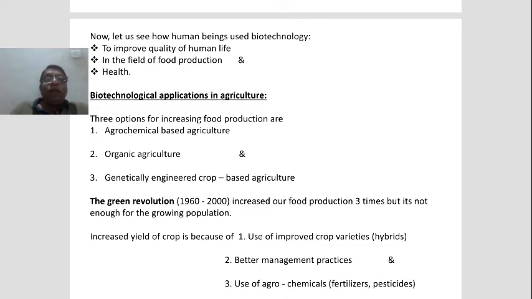In this organic agriculture, the production is less or the yield is less. In order to meet the food for the growing population, there is one option, that is agrochemical based agriculture.